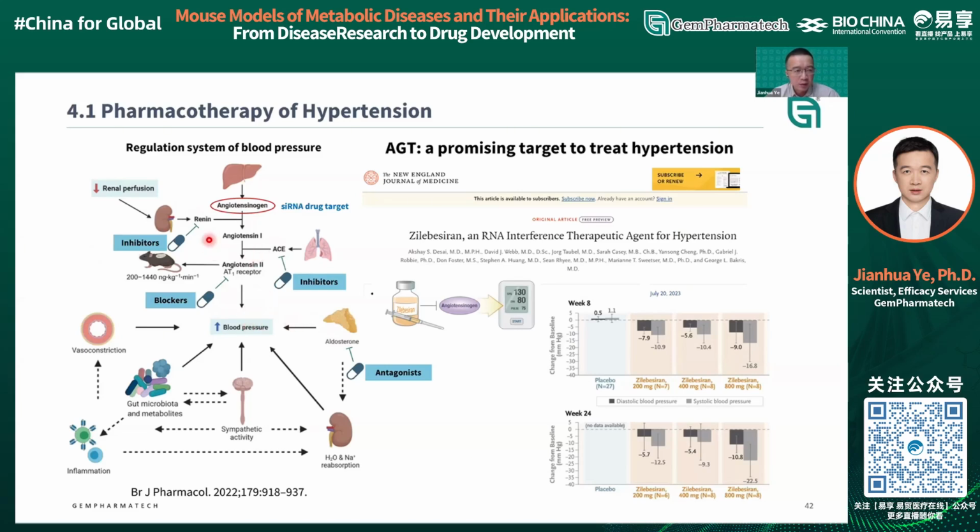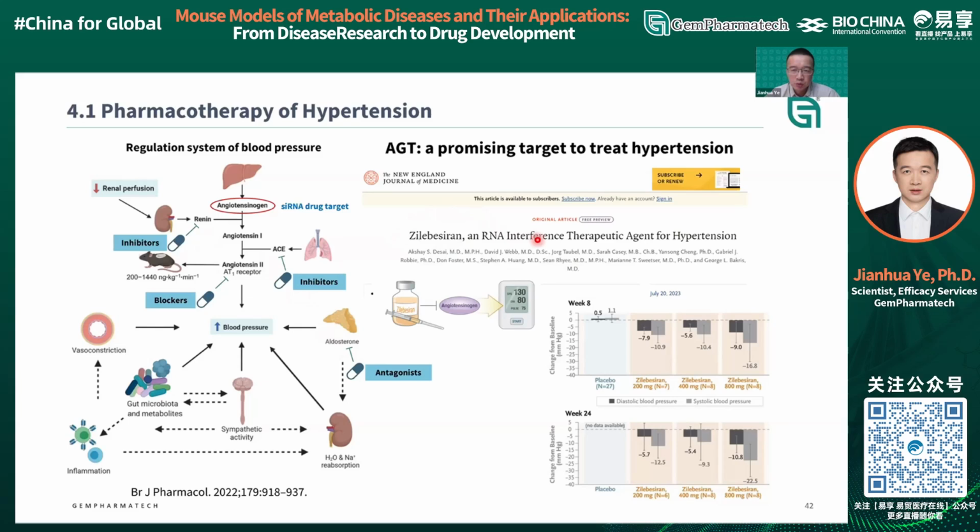We can see that renin, angiotensin 2, ACE, and aldosterone are popular targets for anti-hypertension drug development. And last year, a paper published in the New England Journal of Medicine described a drug, lepodisiran, an RNA interference therapy agent.